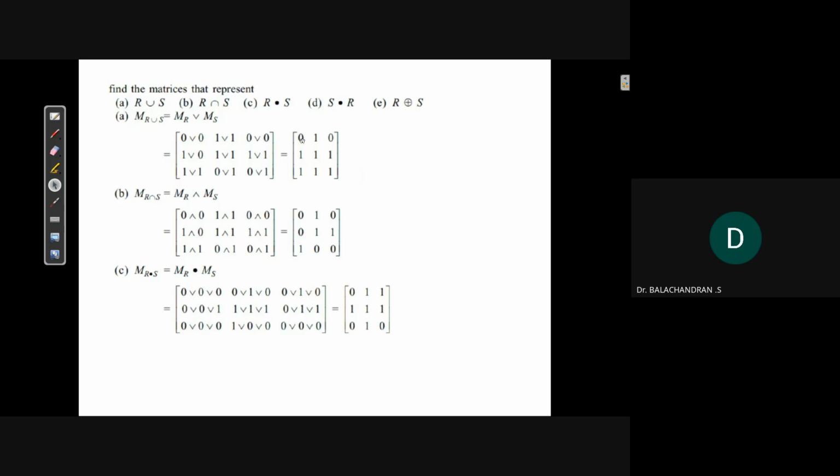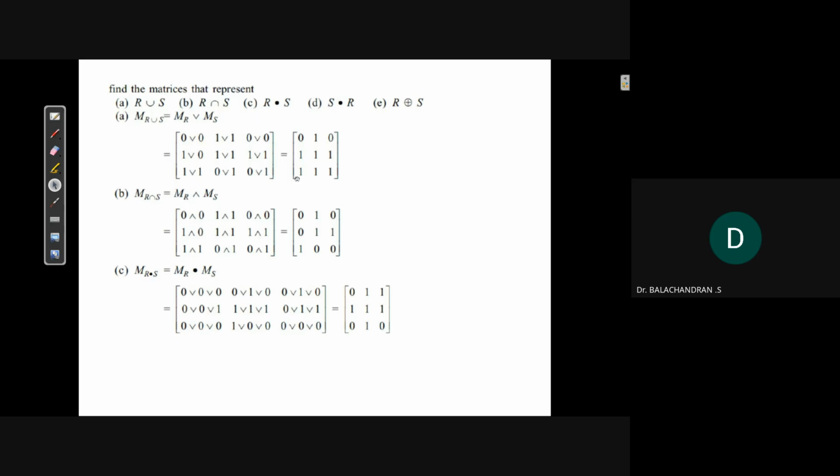You can check it. These two positions are 0, which means here also it is 0. So those positions are 0 only. If it is 1 here and 0 here, we'll get finally 1. If here also 1, here also 1, what will we get? 0. So that is the idea.